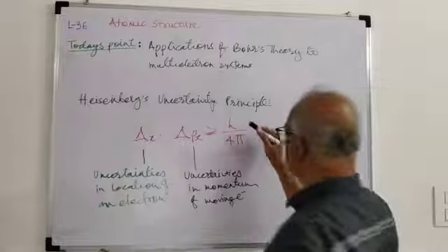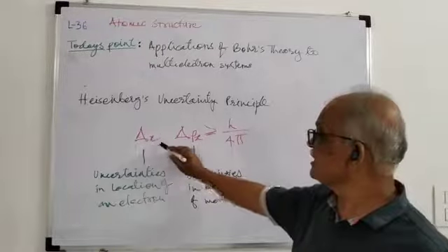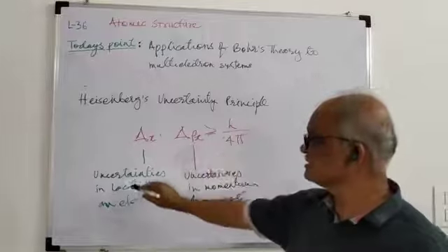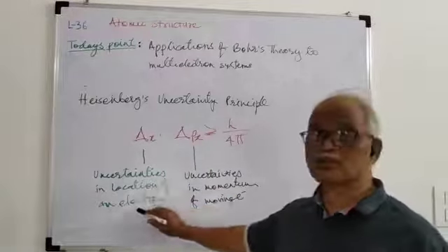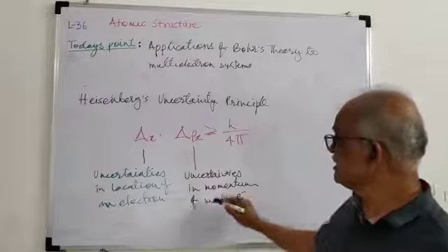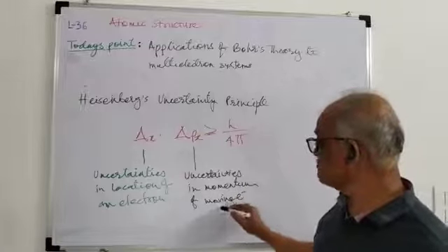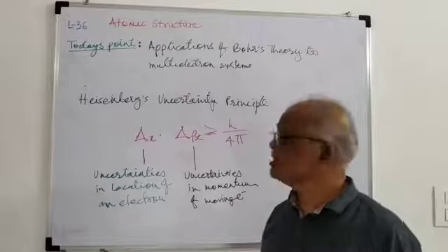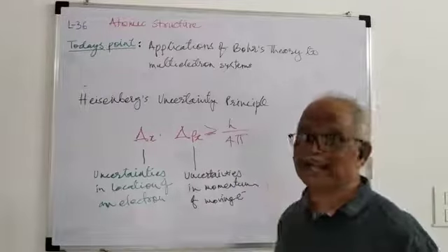Here h is Planck's constant, as we know. So this product, delta x into delta px, means the uncertainty observed in locating the electron around the nucleus and the uncertainty observed in the momentum of the moving electron. This product is equal to or greater than h upon 4 pi.